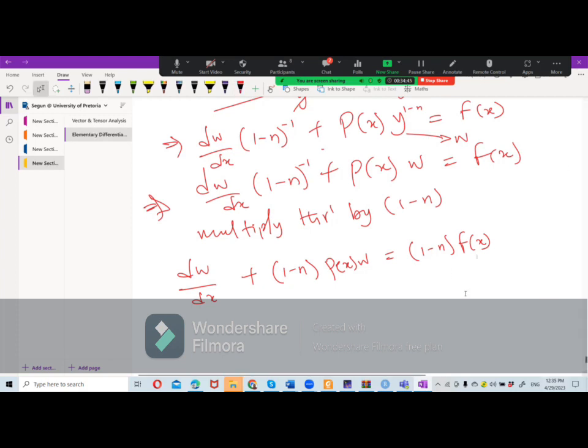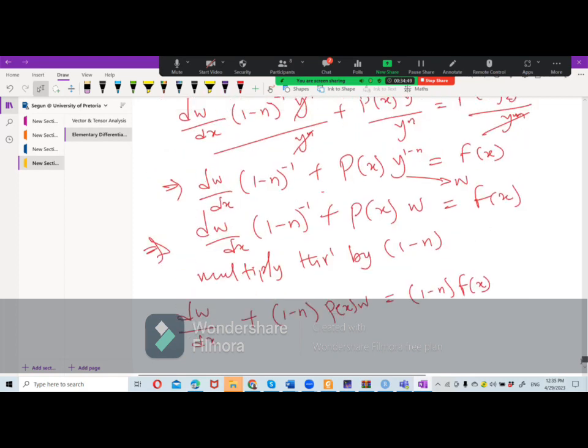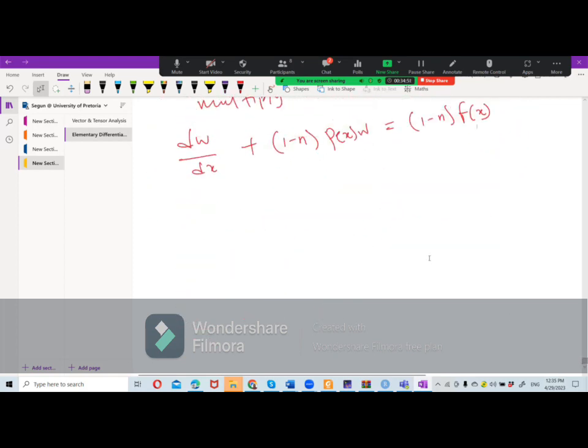So then our equation is linear in w now, we can now begin to substitute.